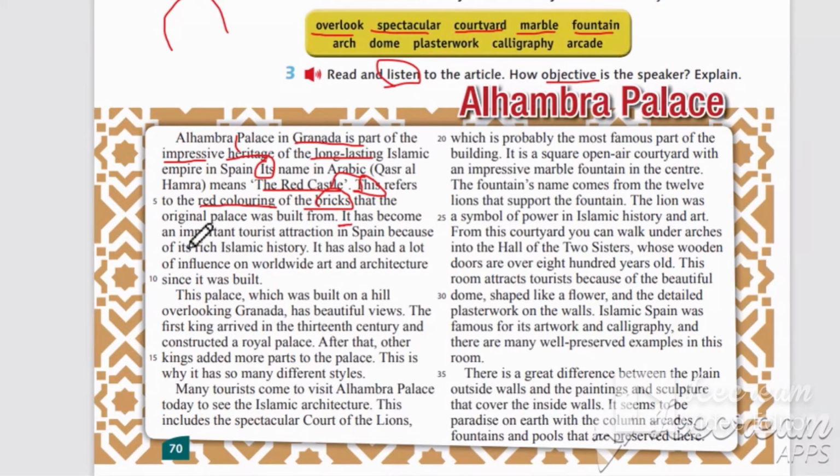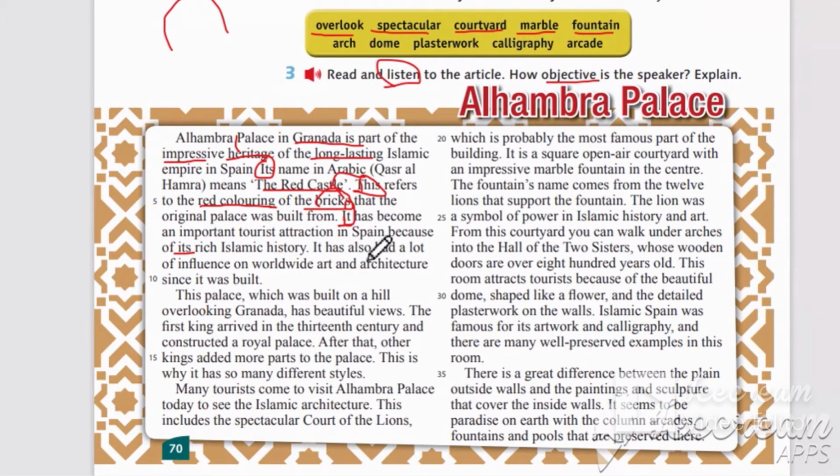It has become an important tourist attraction in Spain. Which is the red castle, the same Alhambra Palace, okay? It has become an important tourist attraction in Spain because of its rich Islamic history. It is rich in Islamic history and heritage.